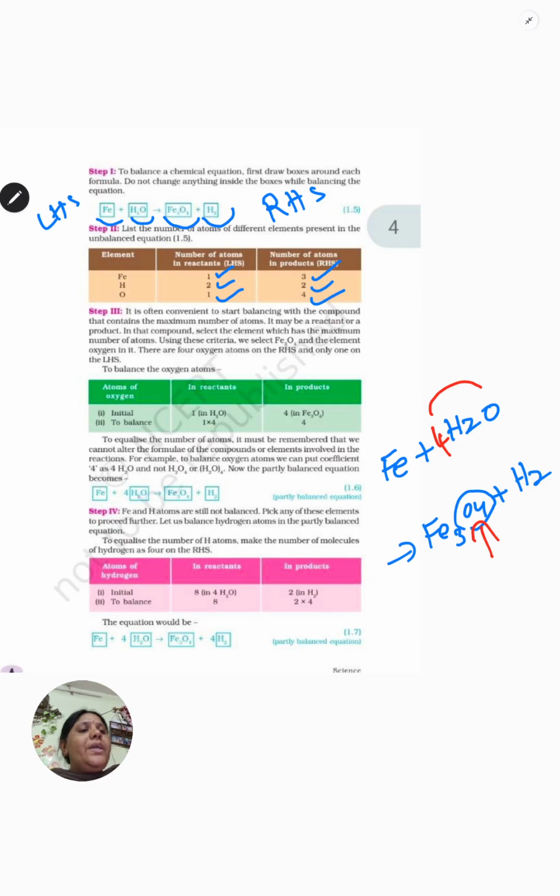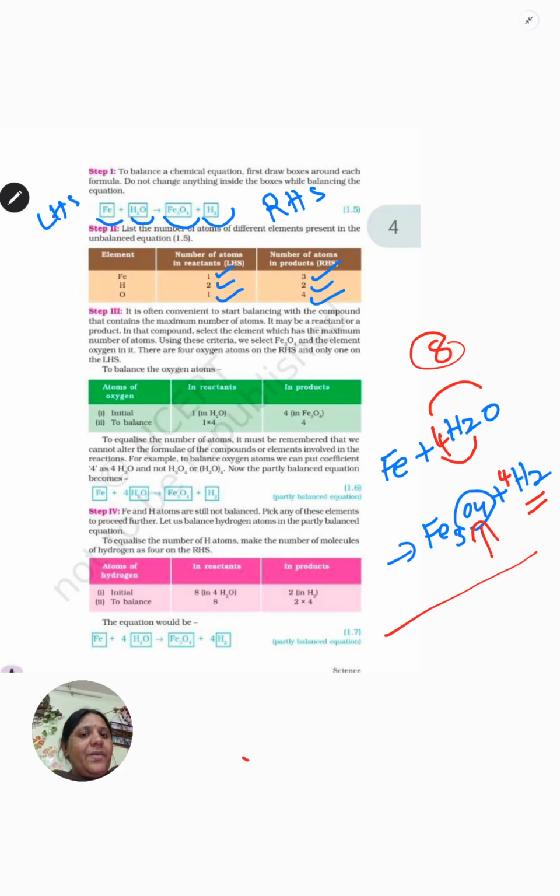Now if you observe the hydrogen atoms, here 4 into 2 is 8 atoms of hydrogen on the left hand side and 2 atoms of hydrogen on the right hand side. Applying simple mathematics, here 8, here only 2, so you can multiply this side by 4.